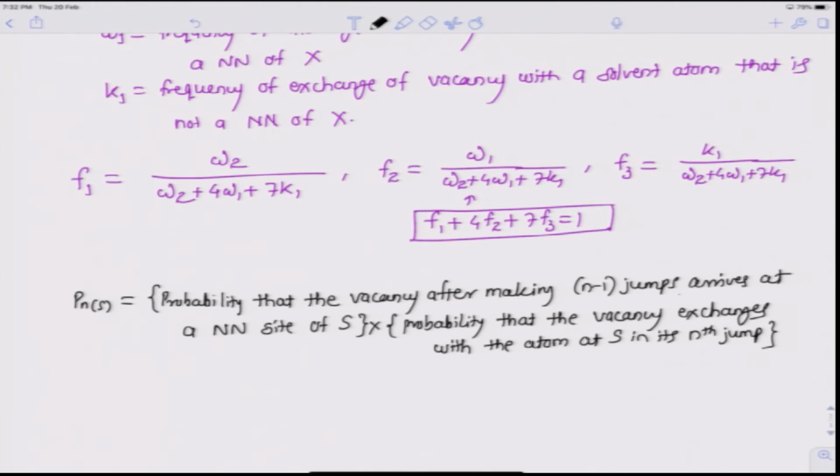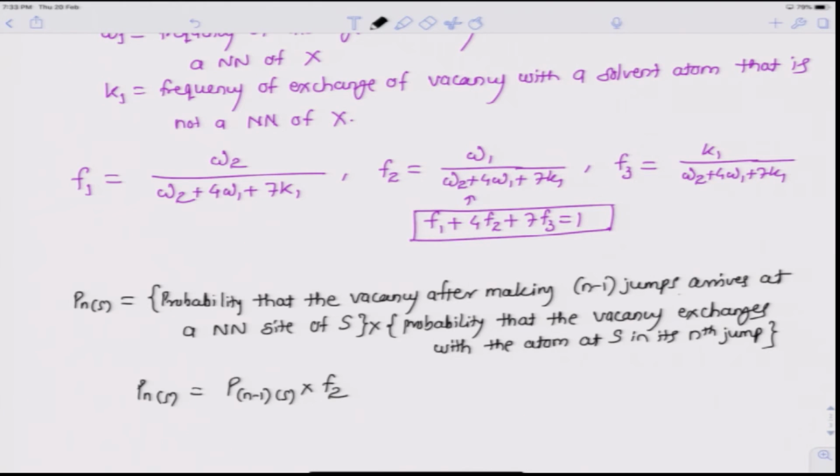We know the second part, the probability that the vacancy exchanges with the atom at S. This jump would be an omega 1 type of jump, because this is a solvent atom which is nearest neighbor to atom X. So, the probability of this, which we have defined here as F2, and the first probability we can write it as P(n minus 1) S times F2.